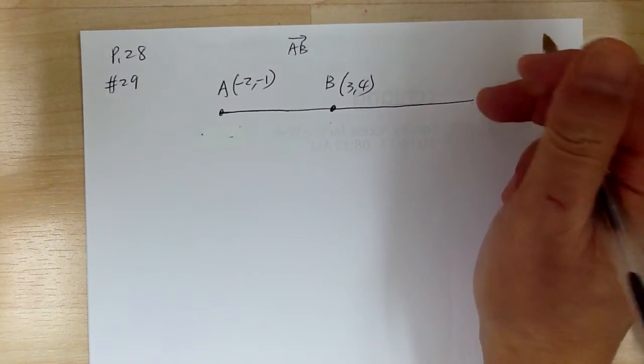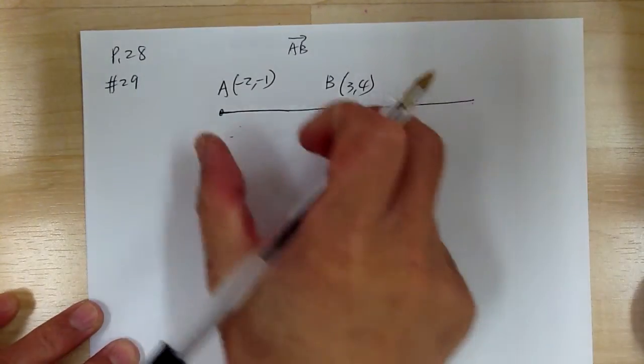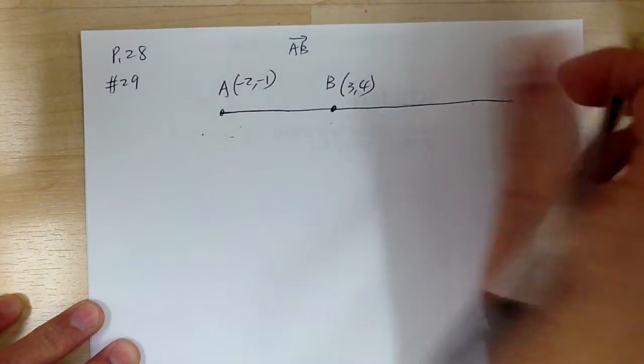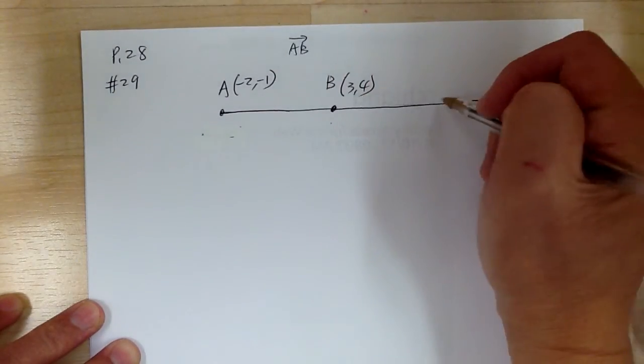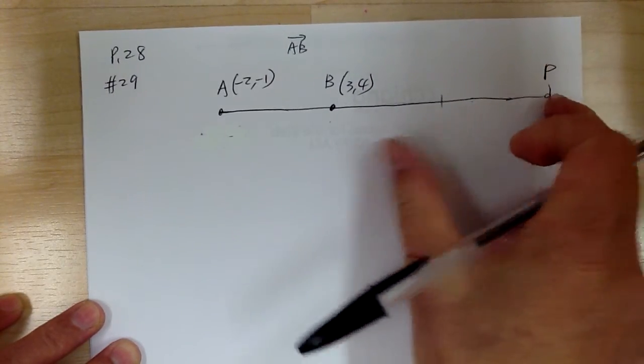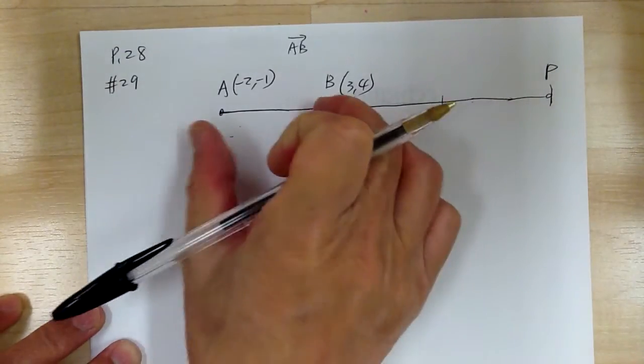So that P is 3 times as far from A as from B. So this is going to be 3 times. So it'll be 1, 2, 3. So here will be P. I can just think of that segment as a unit, so it'll be 1, 2, 3.